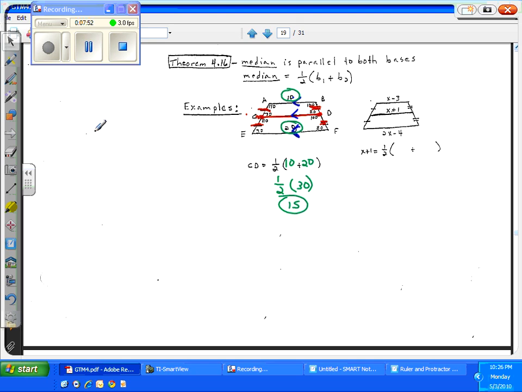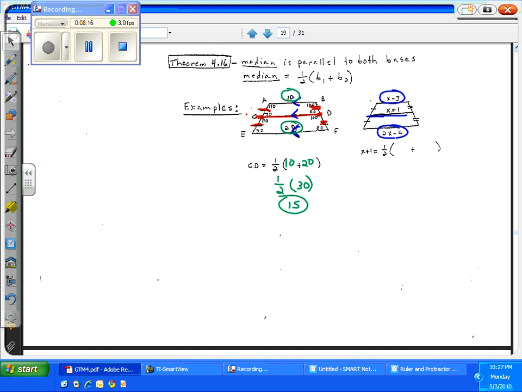We could use the formula that the median x plus 1 is half the sum of the bases. We could plug our bases here, x minus 3 and 2x minus 4.